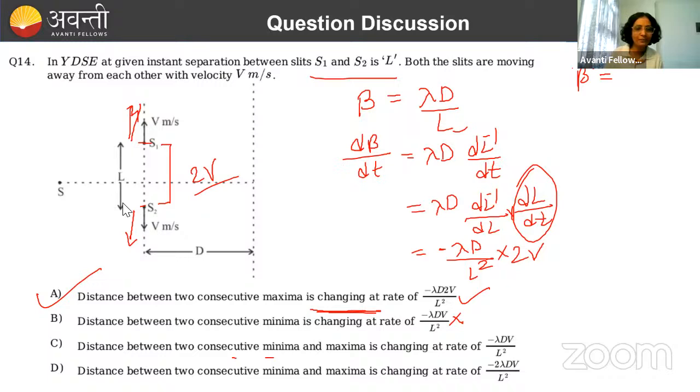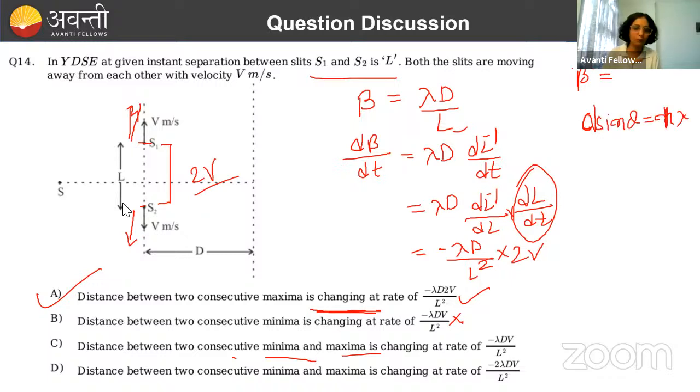Distance between two consecutive minima and maxima. What is the distance between minima and maxima? Any consecutive minima and maxima. How will you calculate that? Take an example. What will be the distance between the first maxima and first minima, if you are going to calculate that? So for the first maxima we write d sin theta equal to n lambda.